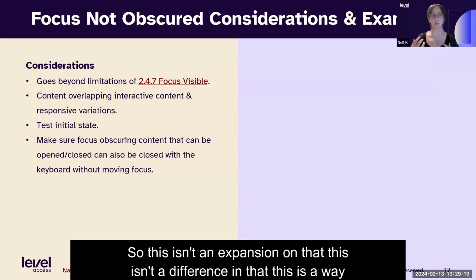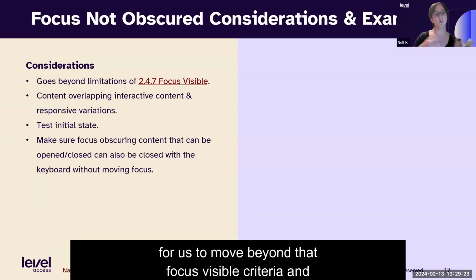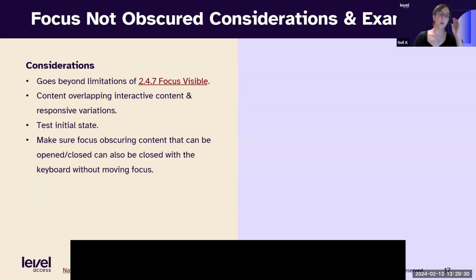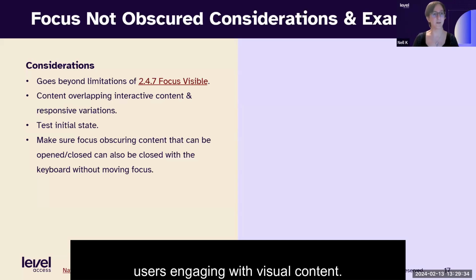So this isn't an expansion on that. This isn't a difference in that. This is a way for us to move beyond that focus visible criterion and provide even further structure and support for users engaging with visual content.